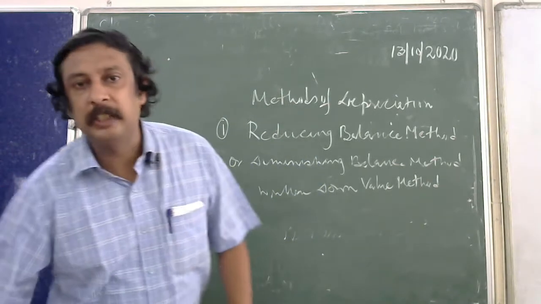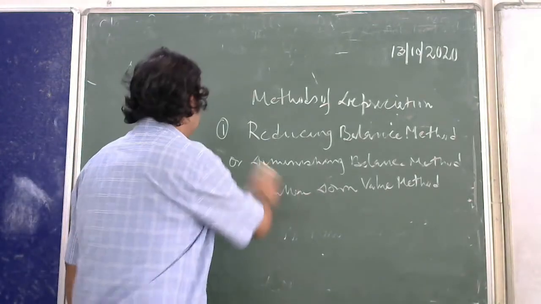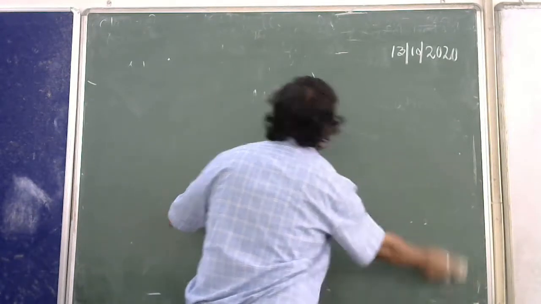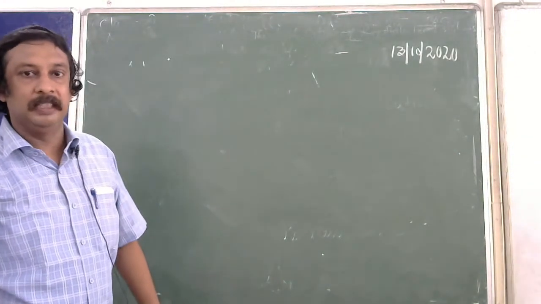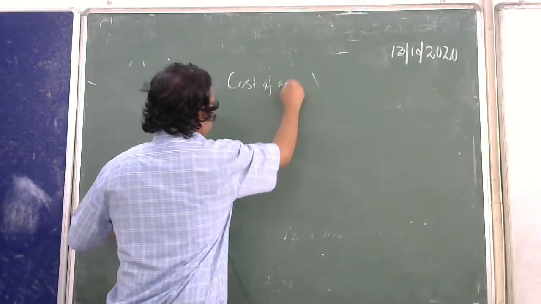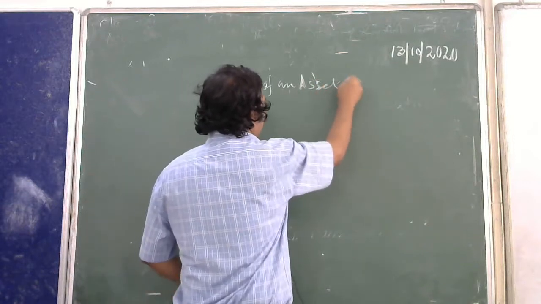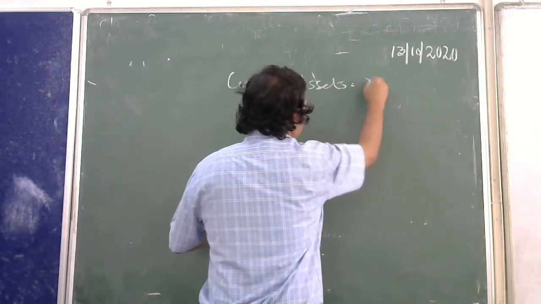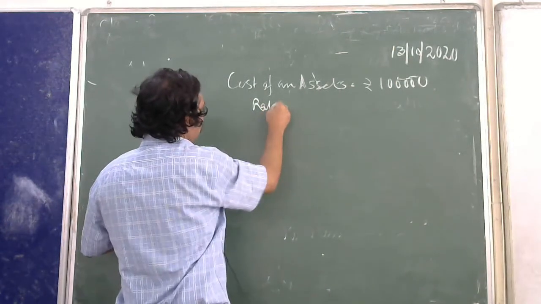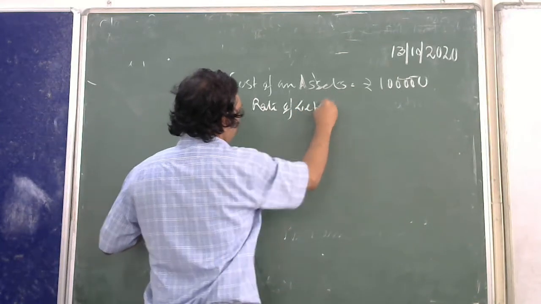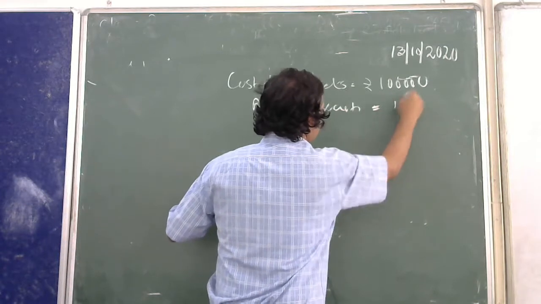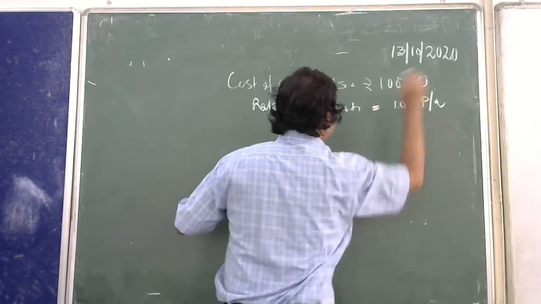Now, let me explain both the methods with the help of an example so that it clarifies what the straight line method is and what the diminishing balance method is. Suppose the cost of an asset is given as rupees 1 lakh, and the rate of depreciation is given as 10% per annum.